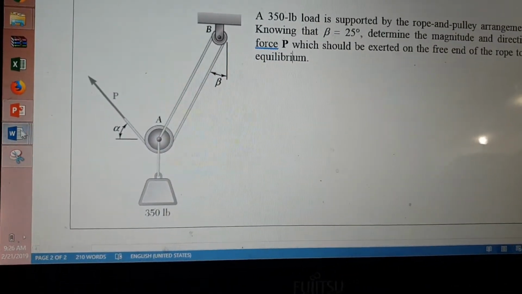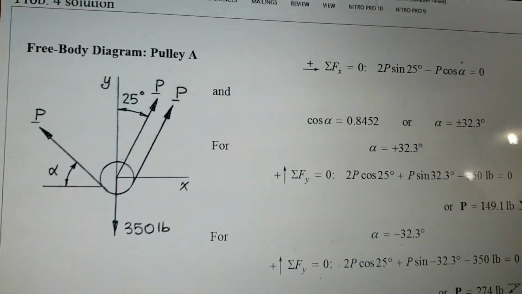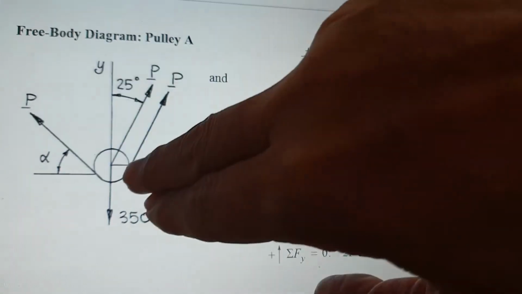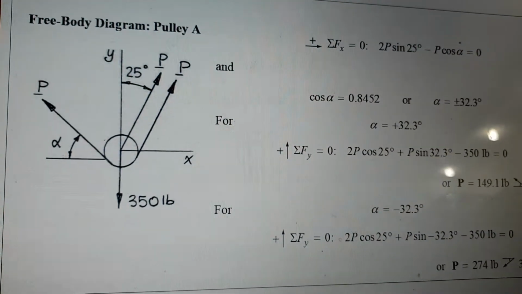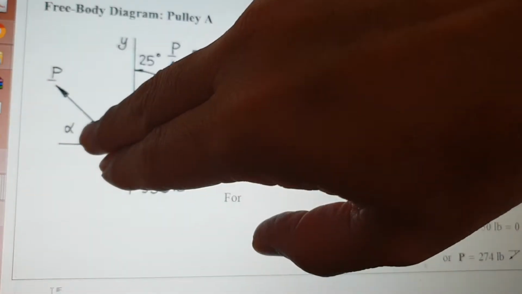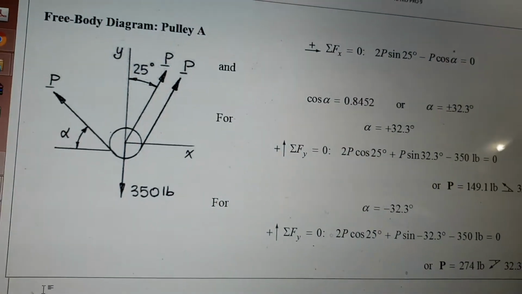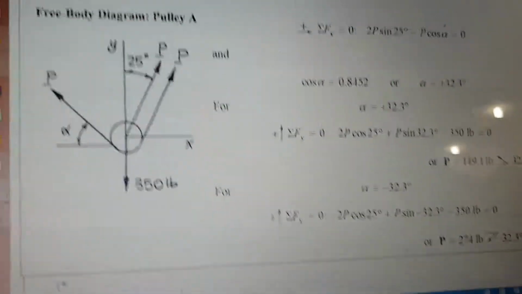So let's put this into a free body diagram and look at it. Okay, so this is the pulley, the force, the angle 25, which is the angle from the other side, angle alpha, and the load 350. Now, here you will do the simple summation of forces. Let's do summation of force in x equal to 0.